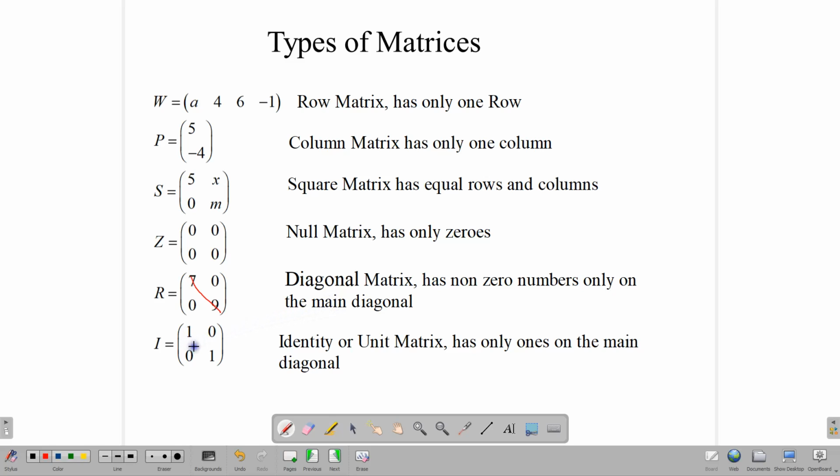And the last one here is called an identity matrix or a unit matrix. This identity matrix is similar to the diagonal matrix, except that it only has ones on the main diagonal and zeros everywhere else. Like I said, there are other types of matrices, such as triangular matrices, upper triangular, lower triangular, etc. But those are not for this discussion, so we're not going to go into them.